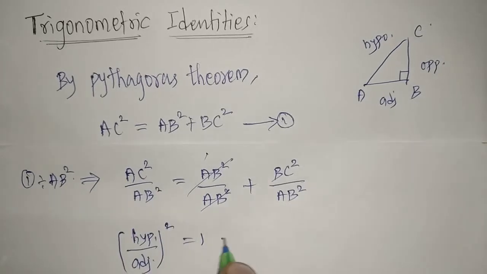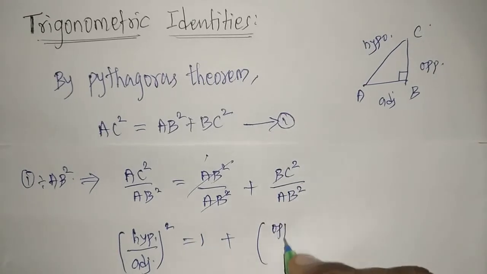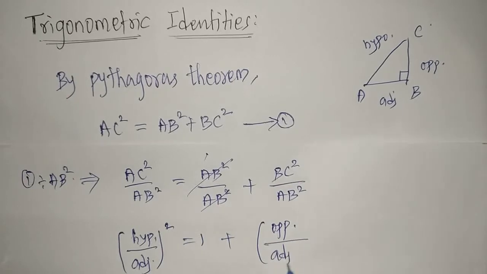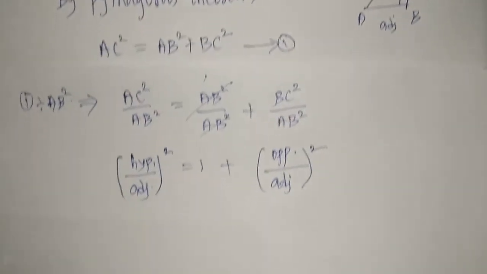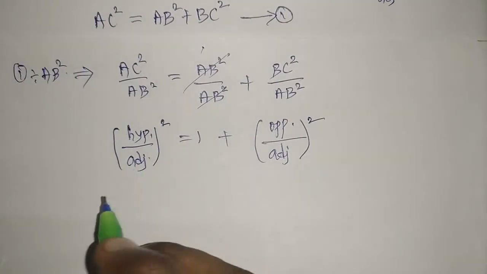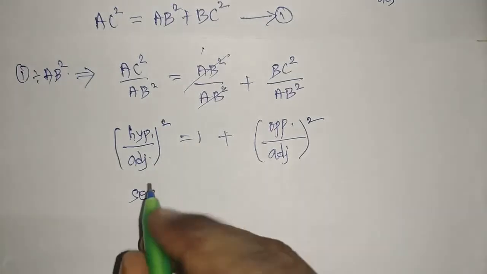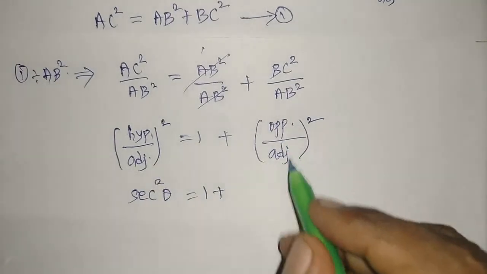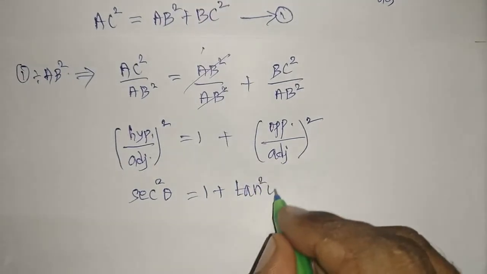Plus BC is the opposite side, AB is the adjacent side, and everything is squared. Now hypotenuse divided by adjacent is secant theta, so secant square theta equals 1 plus opposite divided by adjacent, that is tan theta, so tan square theta.